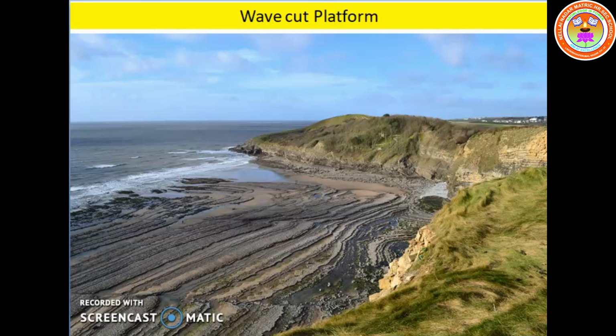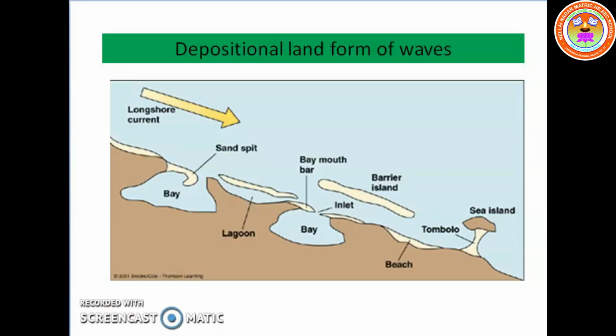These are the major erosional landforms of waves: sea cliff, sea cave, sea arch, sea stack, wave cut platforms. Next, depositional landforms of waves. The major depositional landforms of waves are beach, bar, spit.